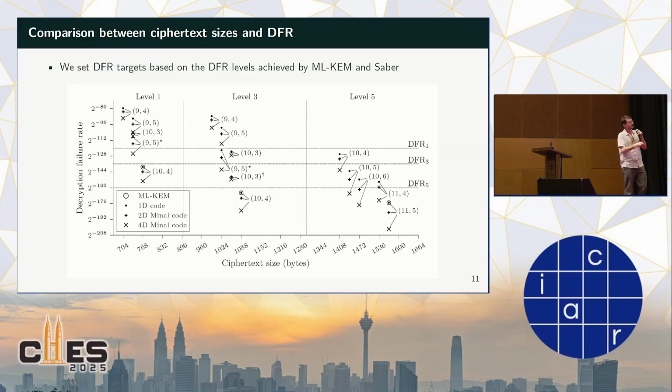What we can see here, these double circles indicate the real MLChem parameters. When we use the 4D codes, the DFR is much, much smaller. However, in this case we don't care, because Kyber's is already too small, so it doesn't make sense to use a more complex code here.